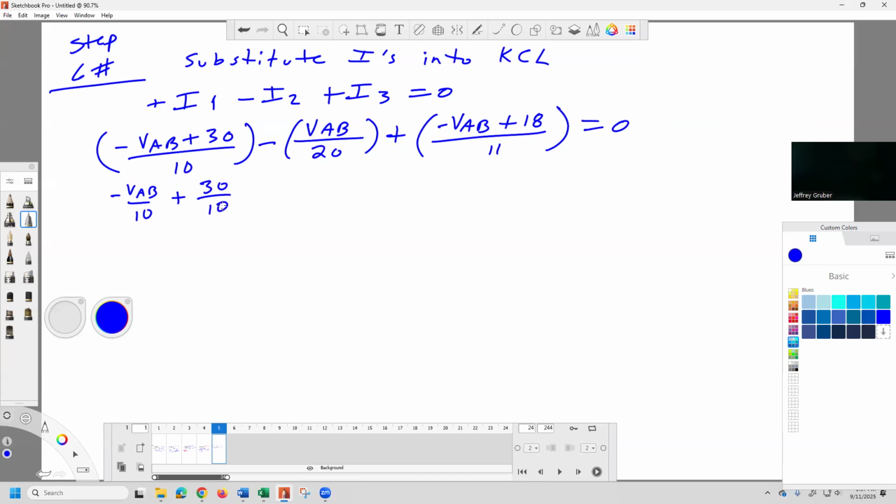Do you see it? Minus VAB divided by 20 plus, or it's going to be minus VAB divided by 11 plus 18 divided by 11 equals 0.